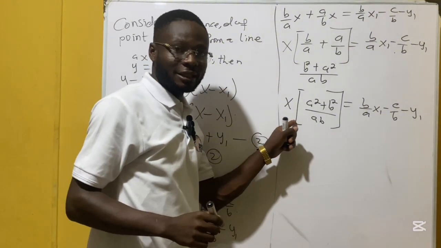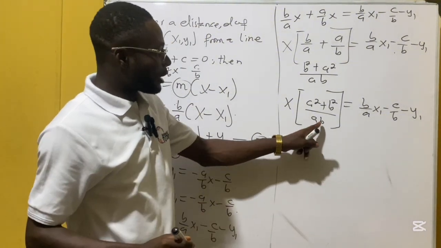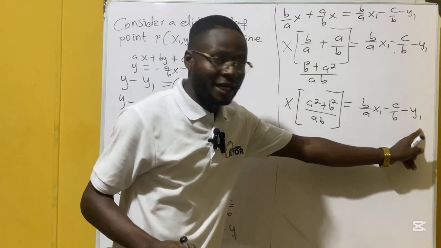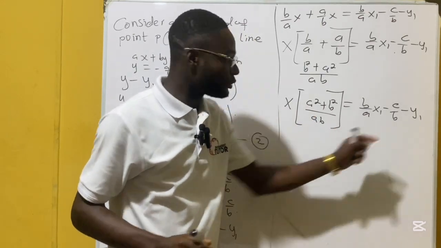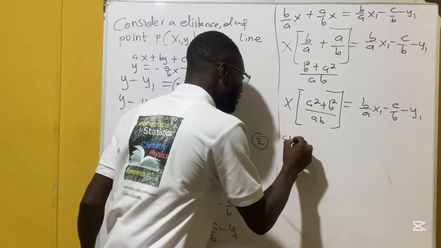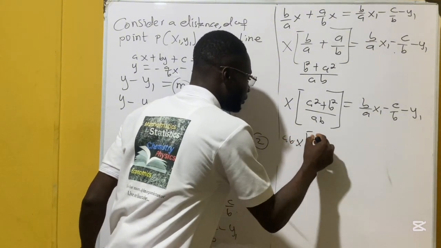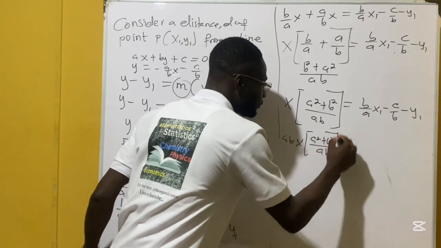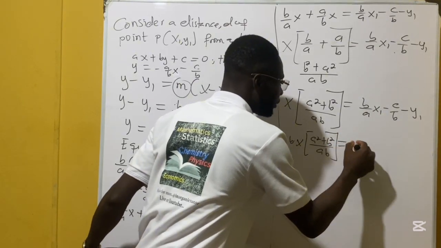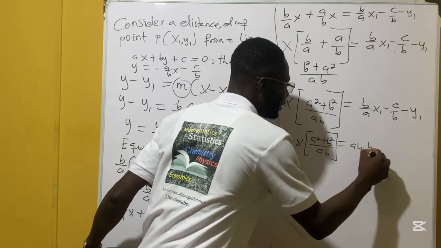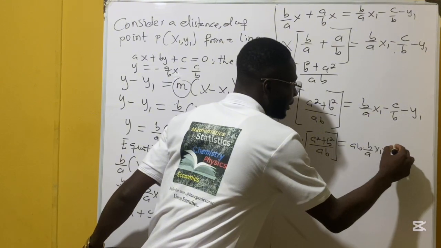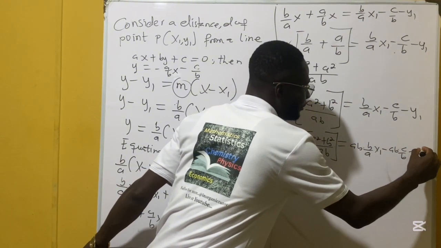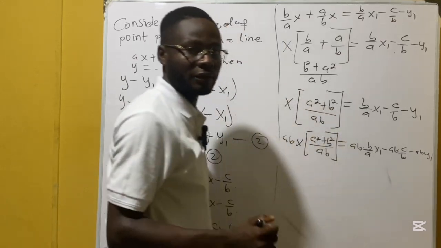We are interested in the x, right? So we can multiply here by ab, multiply every item here by ab. So we're going to have ab times x into a squared plus b squared over ab, and that should be equal to ab times b over a x1 minus ab times c over b minus ab y1, right?